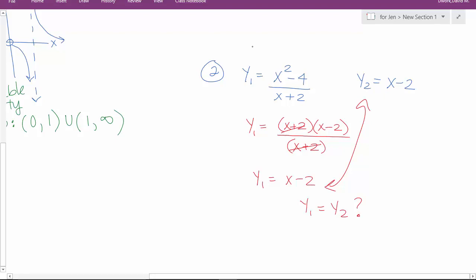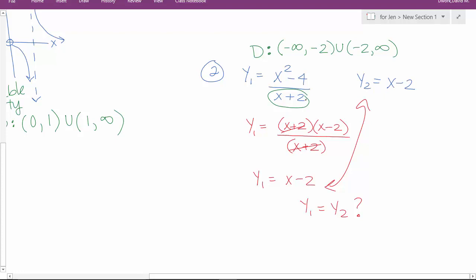So if you were writing the domain of y1, you actually have to make a stop anywhere your denominator is 0. It doesn't matter the type of discontinuity, it's still a jump. It still cannot be included in your domain. So my domain would be negative infinity to negative 2, and then negative 2 to infinity.